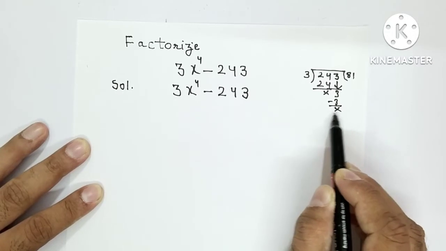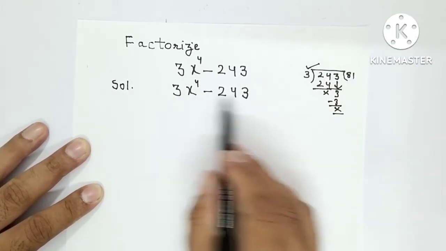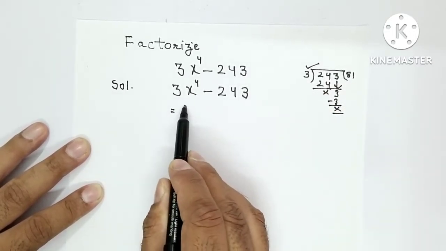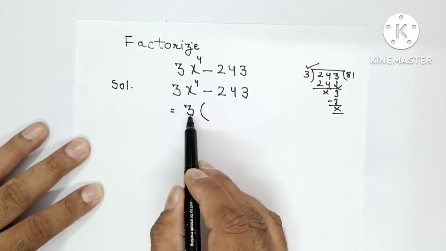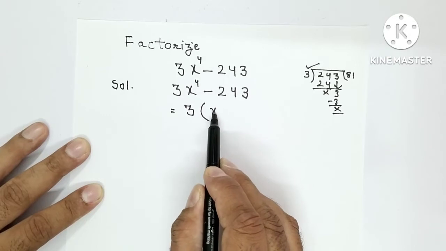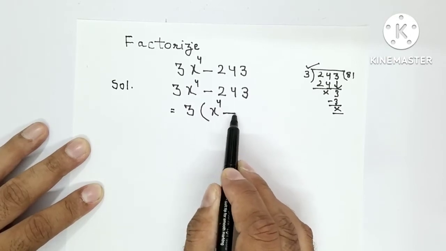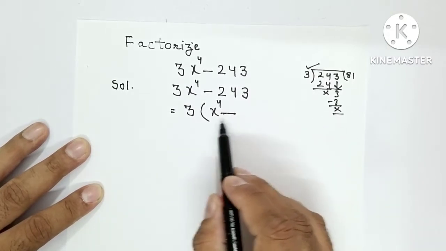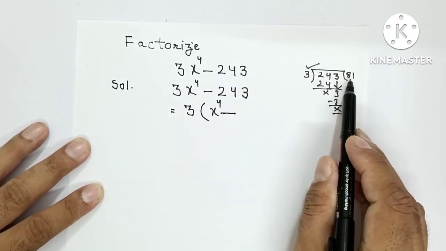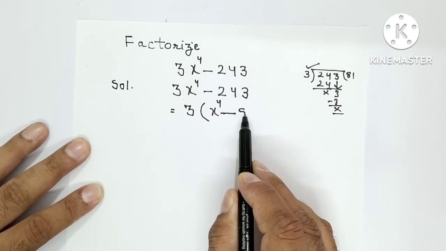So this is the HCF, 3. So in these two terms you can take out 3 common. Inside, 3x power 4 divided by 3 is x power 4, minus 243 divided by 3. In the rough work, you have done the division, it is 81.